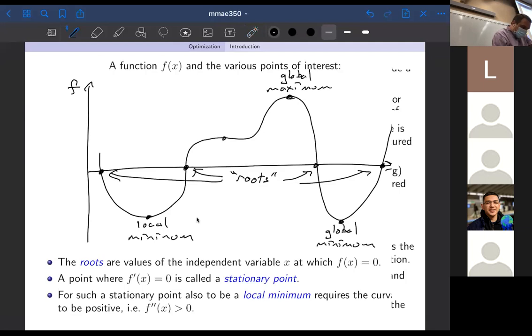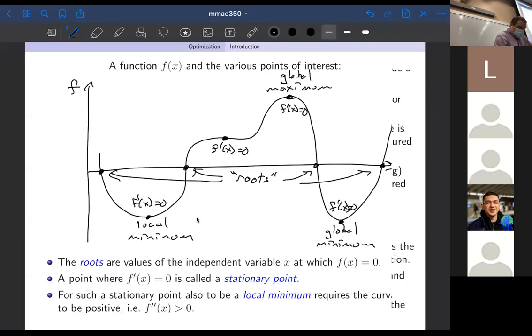Now, how we test for local minimums and maximums is, as they keep saying, we take the derivative, we set it equal to 0. But a point like this has that property. So f prime of x is equal to 0 just there, just like it is here. And here. And oh, by the way, here.